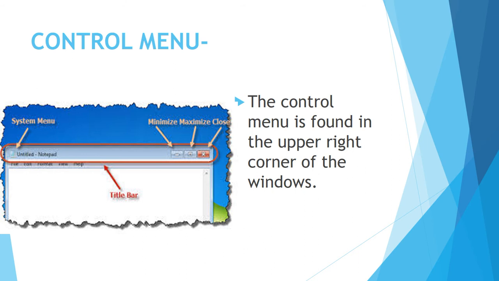This is the close button. We place the mouse pointer on this button and click, and the window closes. This is the restore button. This button is seen when a window is maximized. It is used to change the window back to its previous size.